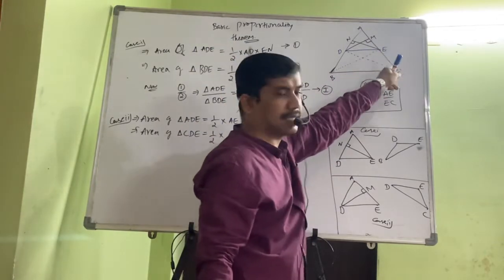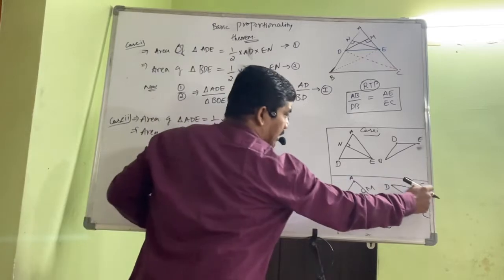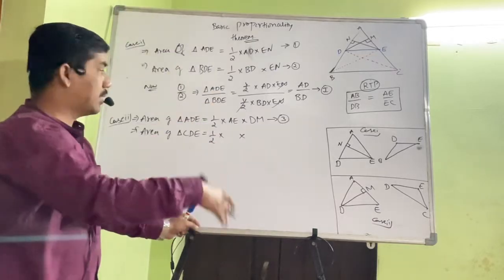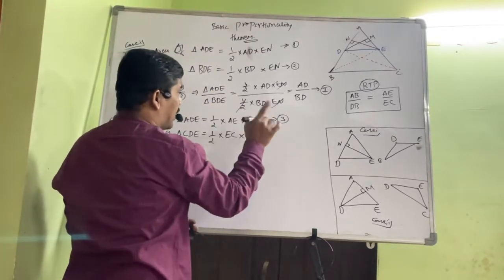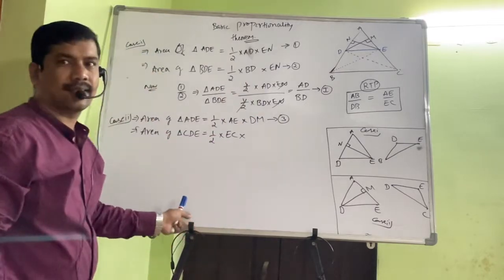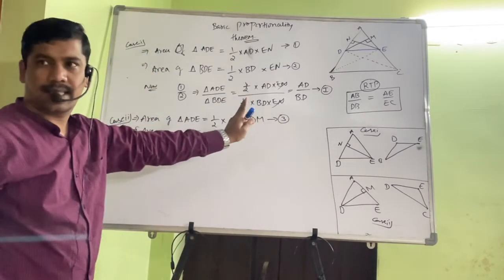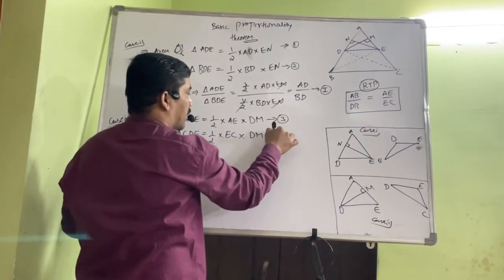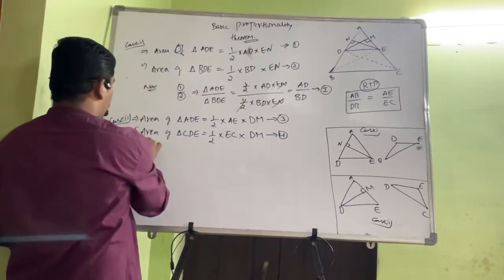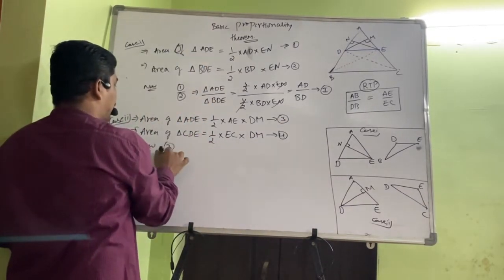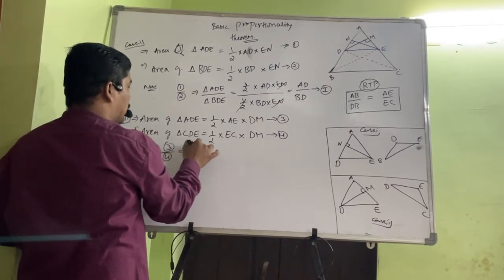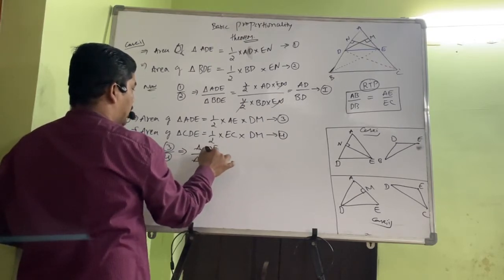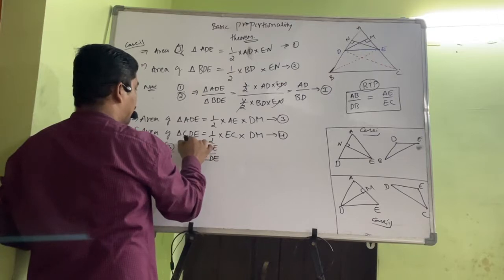Here EC means this base. Right. So this one EC on the same line you have to take. Right. EC is coming on the same line now. So EC is our base. Height will remain the same whatever we took in the third case. Third triangle. Getting this? So it is on the same base, so height will remain the same. DM. Equation number 4. Now you do equation 3 divided by equation 4. So what does it give you? Triangle ADE divided by area of triangle CDE. So here you write area.